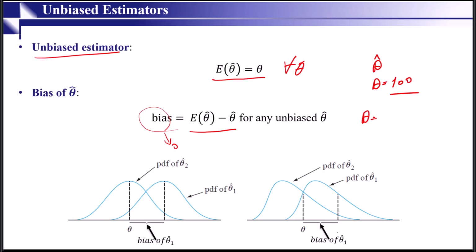And for example, if theta is 27.5, then the theta hat sampling distribution is centered at 27.5. So you can see here we have different distributions. This is the probability density function for theta hat 1, and this is the probability distribution for theta hat 2. And this one is the bias of theta hat 1, right? The distance. And again, here we have the bias of theta hat 2.